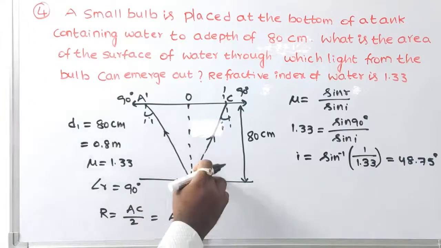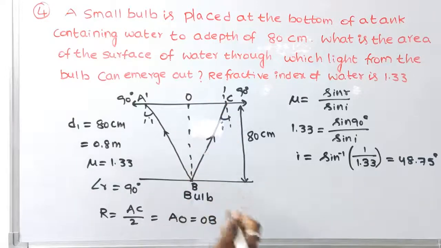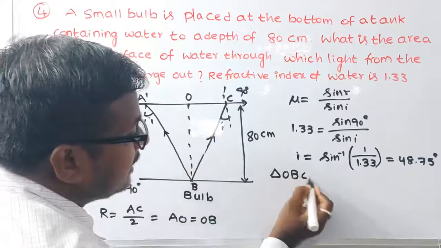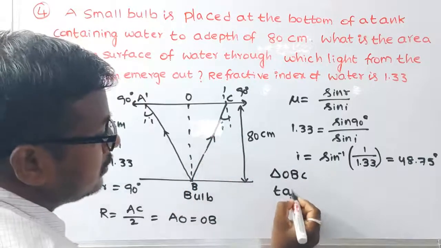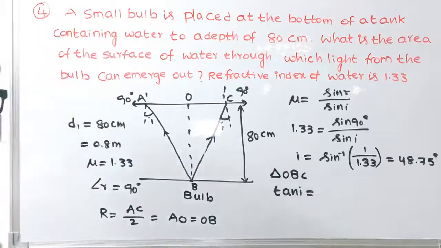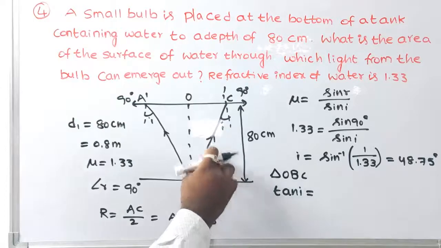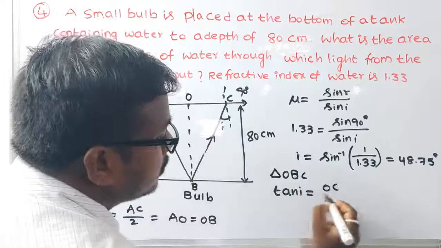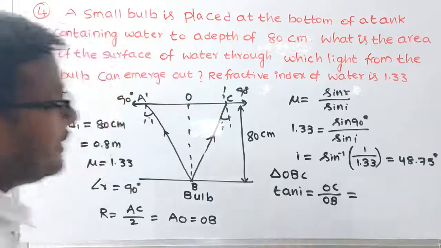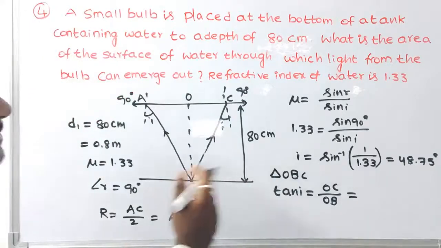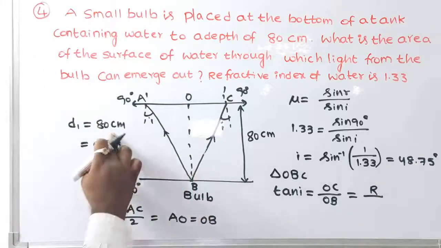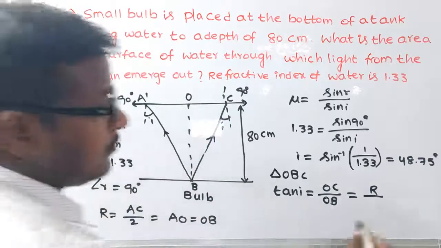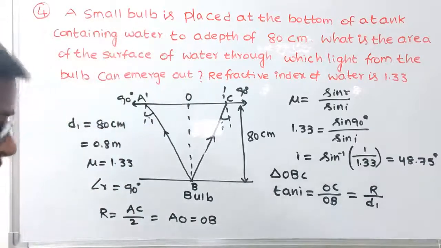Using the figure, triangle OBC, tan I is equal to opposite side by adjacent side, OC by OB. OC is the R, and OB is equal to D1.